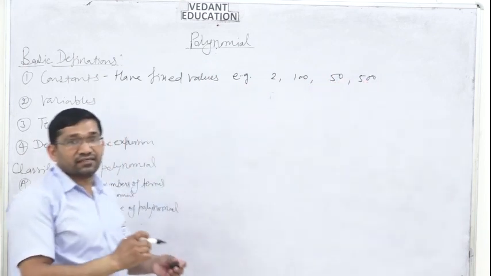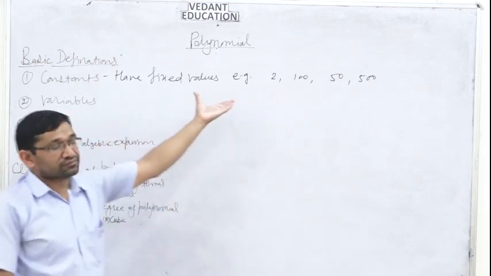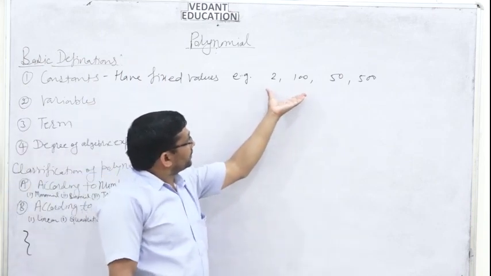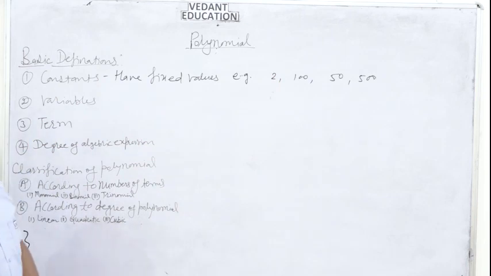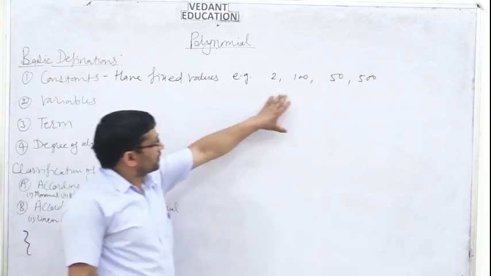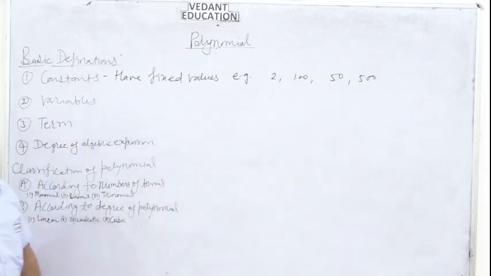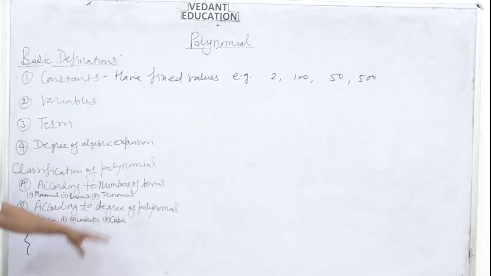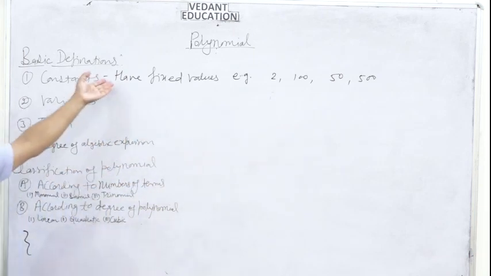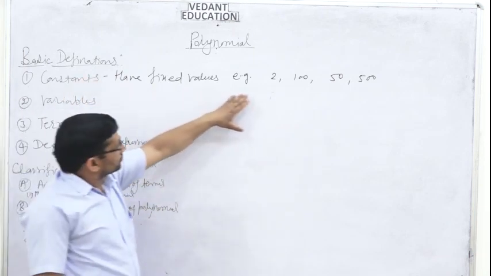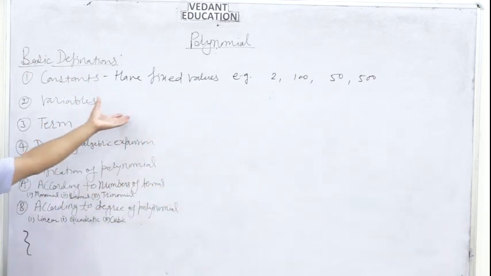These all are constants, because these have fixed values. The value of 2 is not changed. Similarly, 100, 50, 500, these all are fixed values. They never change in any questions. So these all are constants. Constants are numbers. They have fixed values.